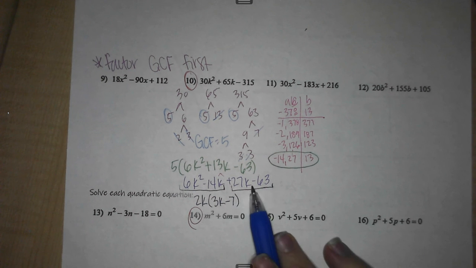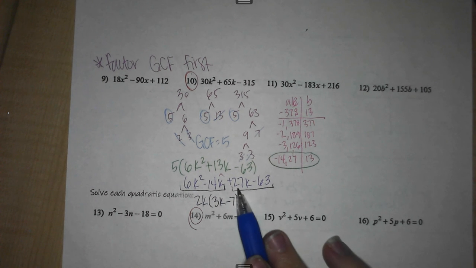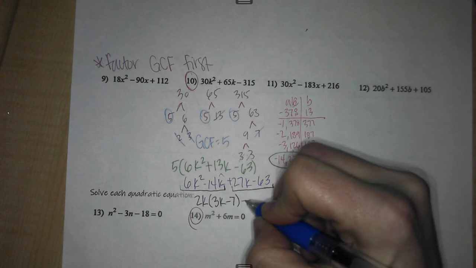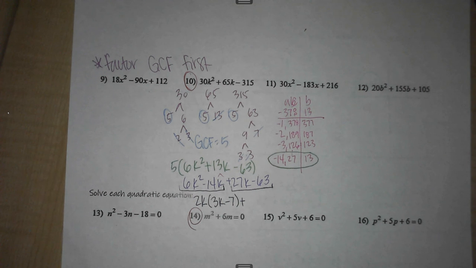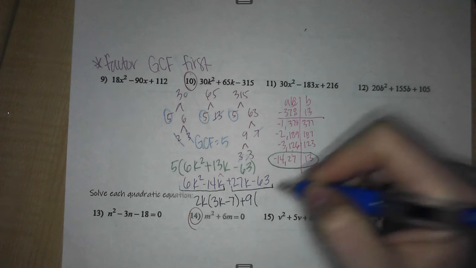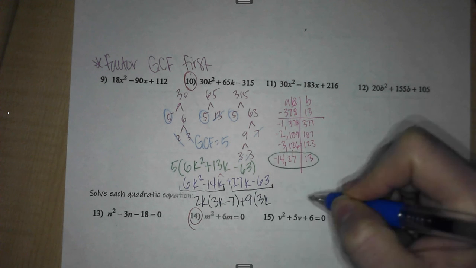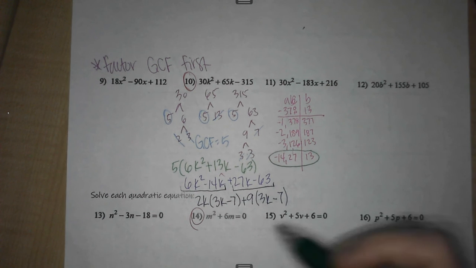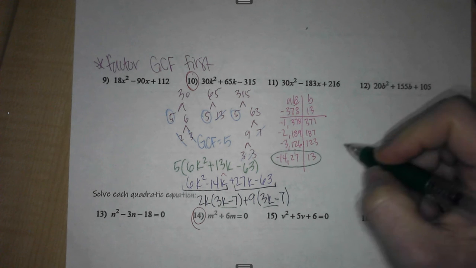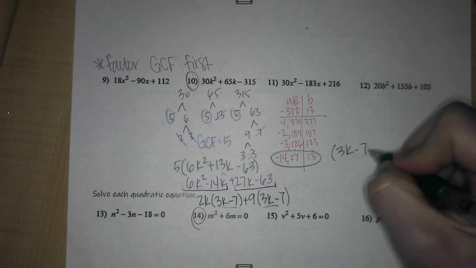So what is our common factor between 27 and 63? That is 9. And here we're left with 3k minus 7. Since these are the same on the inside, that is one of our factors.